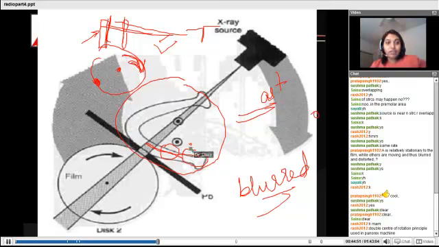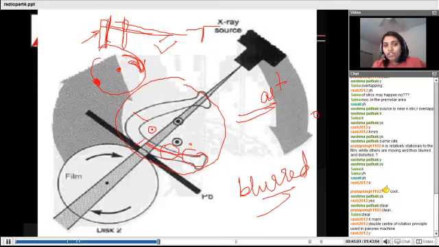Then, Rashmi, because of this problem, they included one more center of rotation. When they included one more center of rotation with respect to this particular zone, we got this particular zone clear, and this particular zone clear. But again, if you see, the center of rotation was not very favorable for the premolar zone.